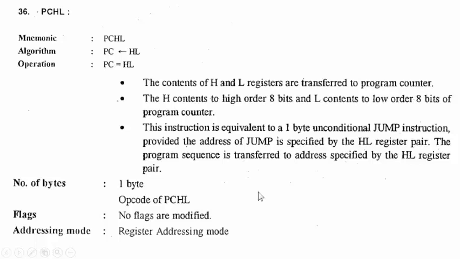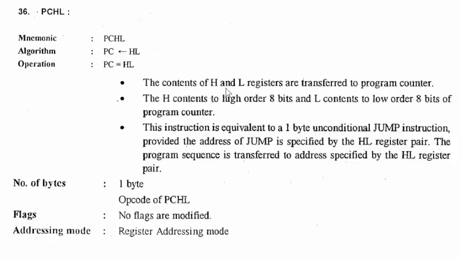Depending on the contents available in the HL, the program sequence gets changed. So operation is, in HL register pair, the user will store the execution address, and after the execution of PCHL, the HL content gets copied in program counter.